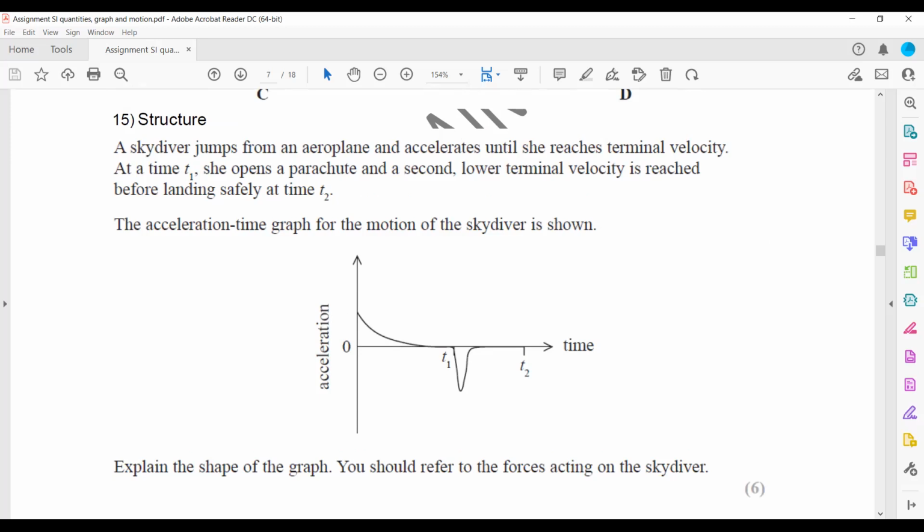If you remember, the same motion of a skydiver graph was there in IGCSE, that when a parachutist jumps from a certain height, we have to explain the motion using the graph. The moment he jumps, his initial acceleration is always equal to the acceleration due to gravity.